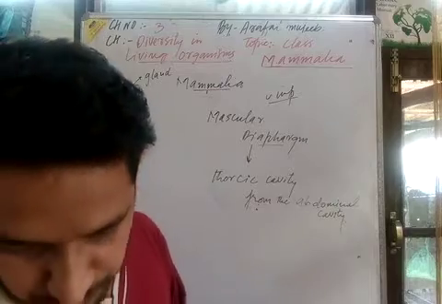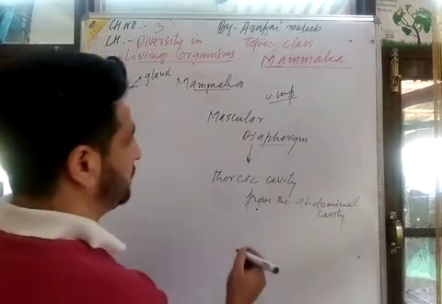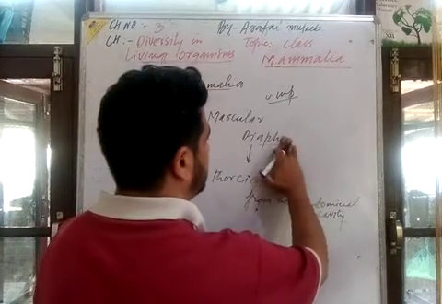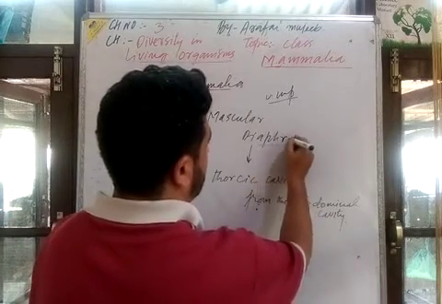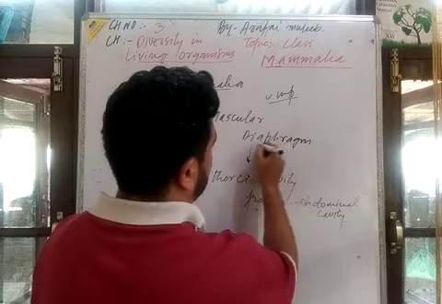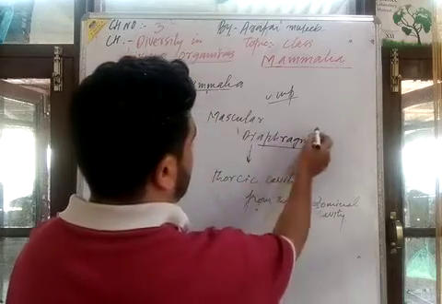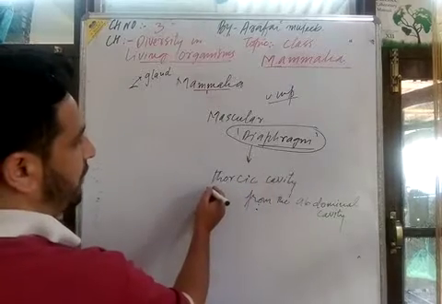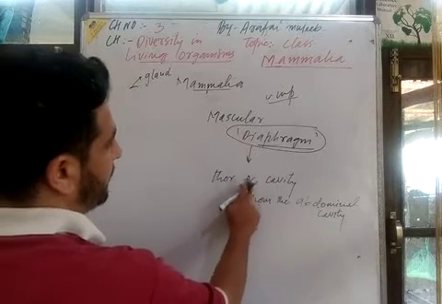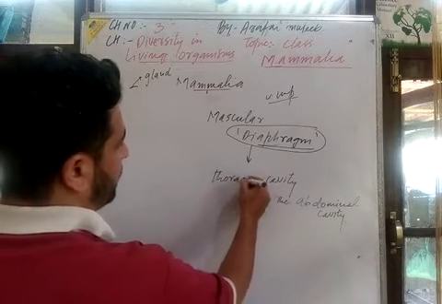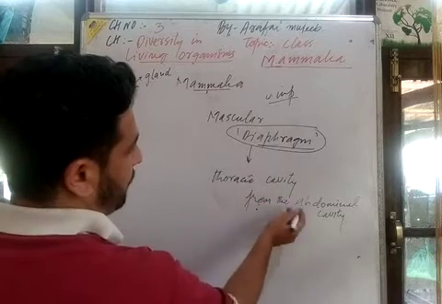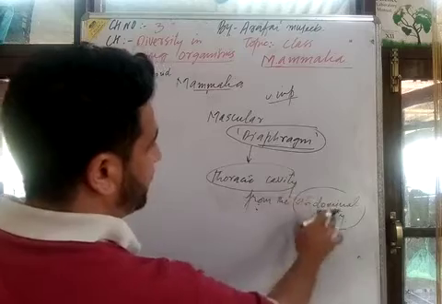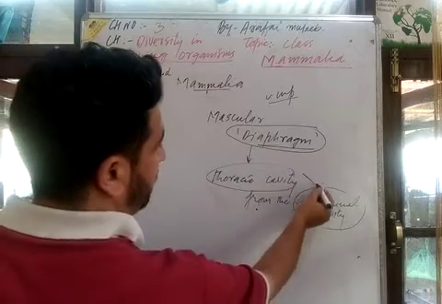Let me write the spelling here: diaphragm. It is a muscular band which separates the thoracic cavity from the abdominal cavity.